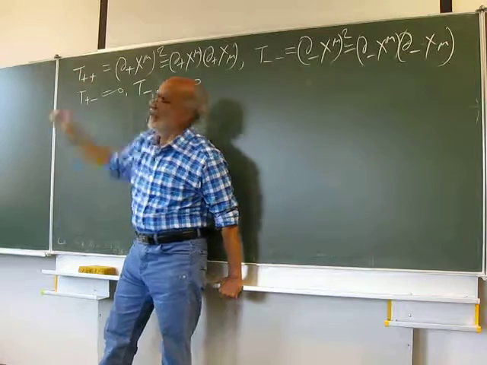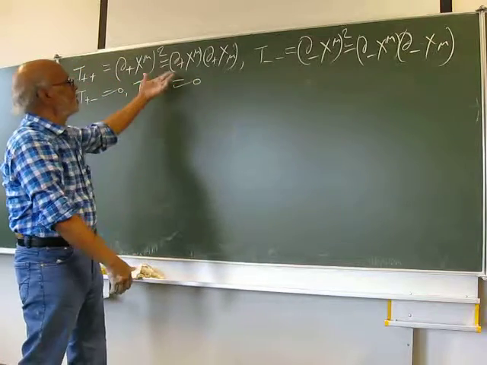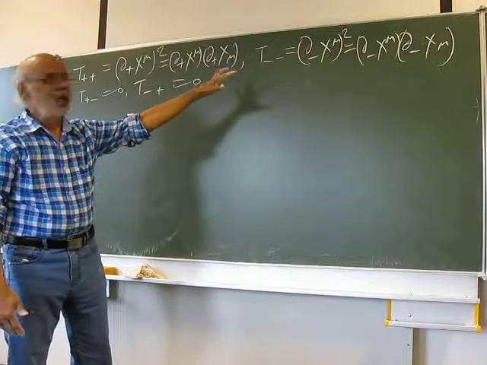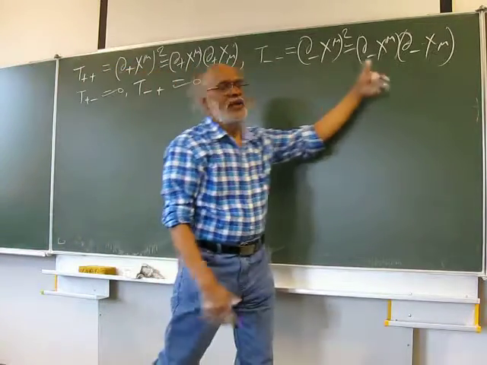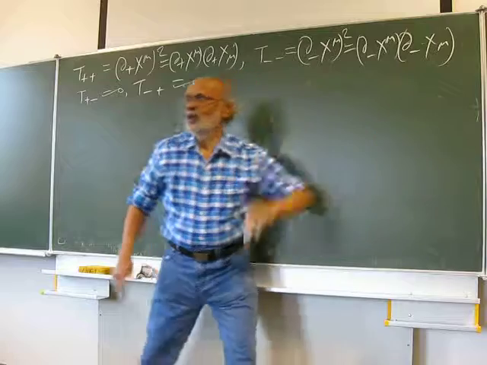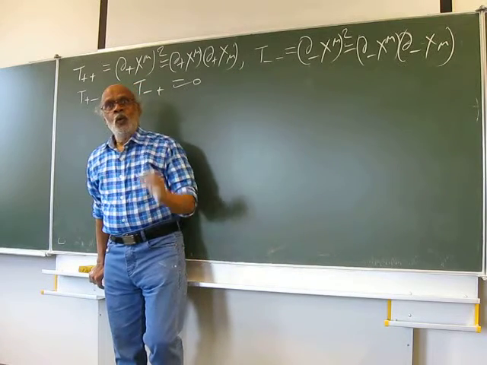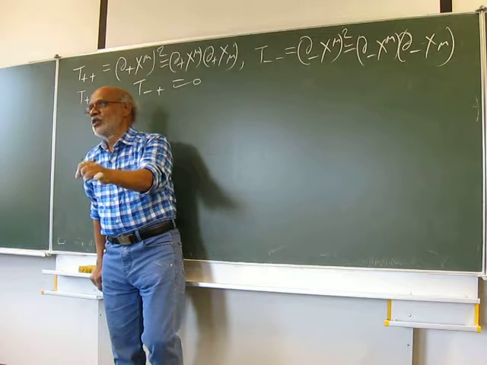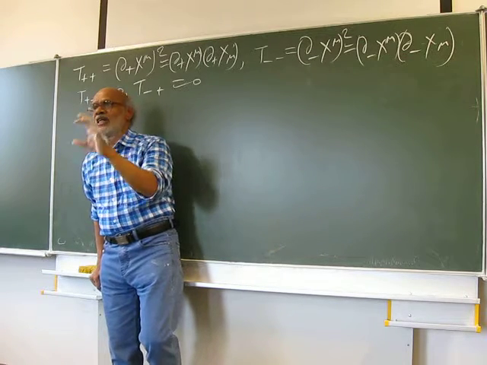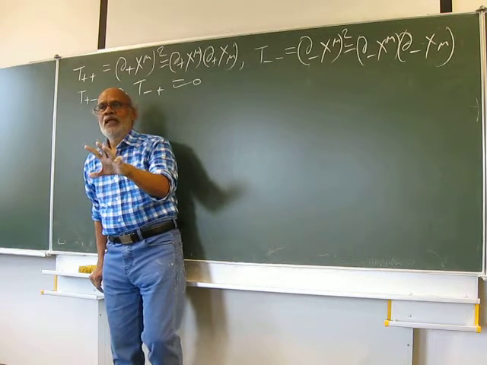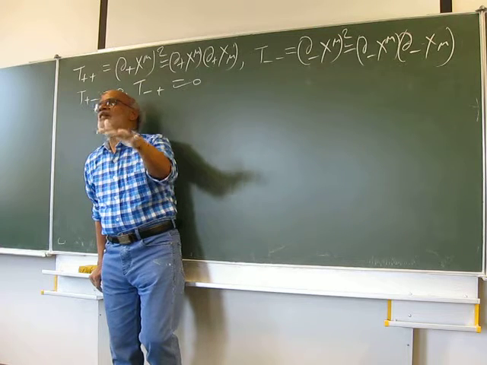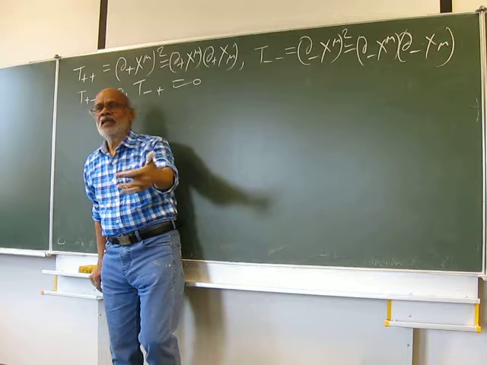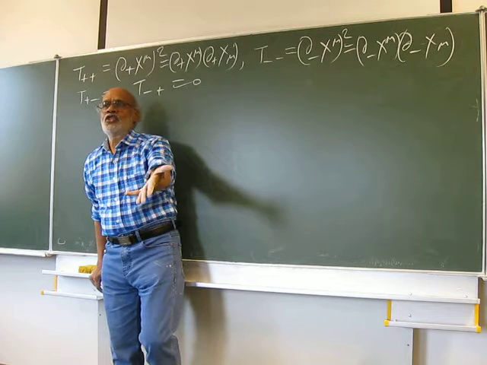T plus plus in my notations I obtain as del plus x mu whole square, and T minus minus I obtain as del minus x mu whole square. So T plus plus vanishes on its own, T minus minus vanishes on its own. These are called the Virasoro constraints of the theory, and at the moment they are at the classical level. When I am talking in terms of x mu, then they are the classical Virasoro constraints.